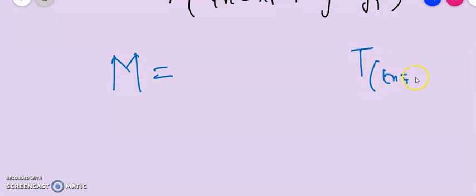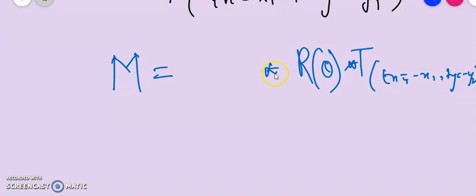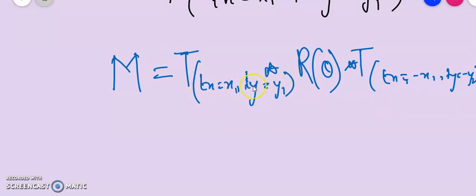Now we see what our composite transformation matrix will be. The composite transformation matrix M will be equal to my first translation with Tx as minus x1 and Ty as minus y1, multiplied by the rotation by angle theta, and then multiplied by the translation matrix again with Tx as x1 and Ty as y1. This becomes your whole composite transformation matrix, right?